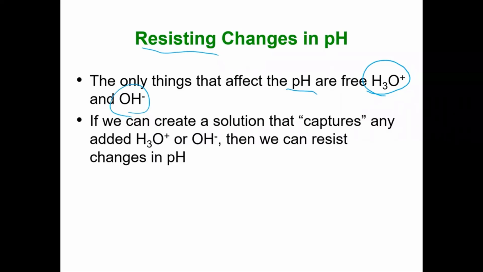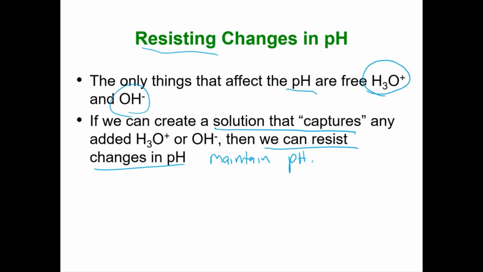Those two. So if we can create a solution that captures hydronium and hydroxides, then we can resist changes in pH. I like to say we can maintain our pH.